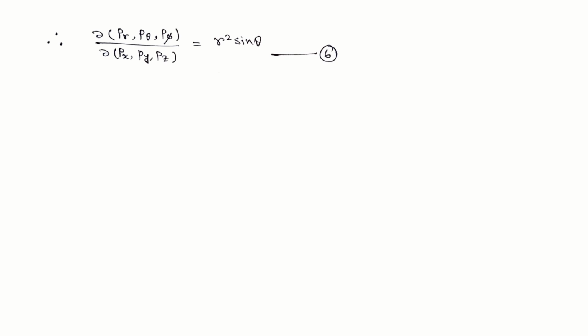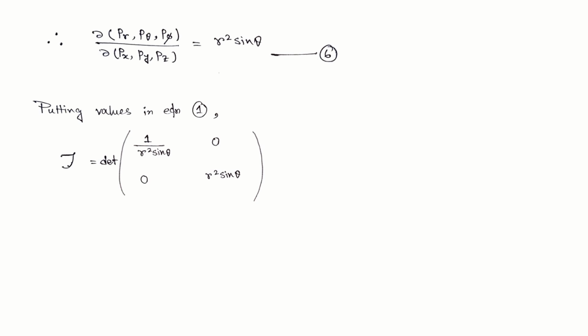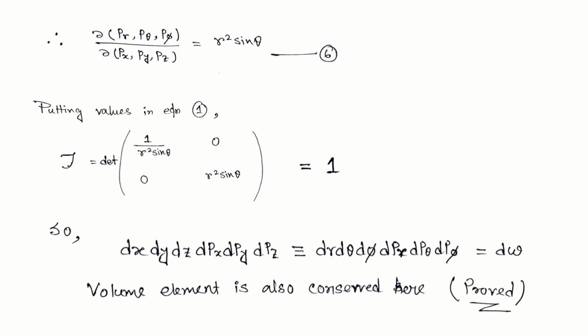Both we have to put in equation 1. So we have put them in, and basically it gives us 1. So we have proved that the volume element is also conserved here, because it's also a canonical transformation.